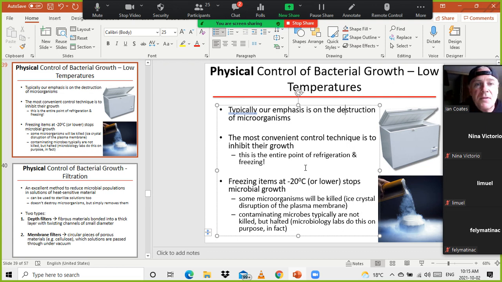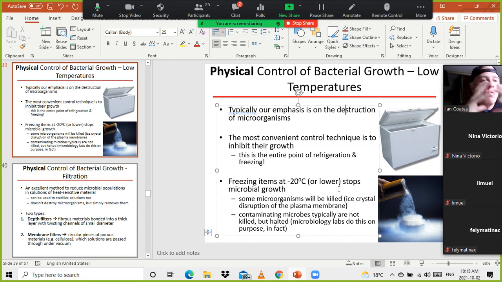So the most convenient control technique is to inhibit their growth, keeping these bugs at bay in a freezer, okay? Freezing items at minus 20 or lower stops microbial growth, all of it. Some microorganisms will be killed, because ice is less dense than water, so ice will expand.